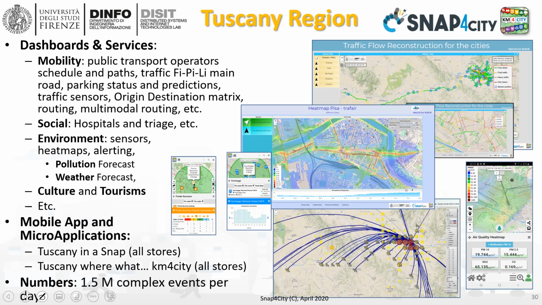And we have a couple of apps that provide this service to the citizen, and the dashboard for the operators. On the basis of the data of the apps, we compute these maps for origin-destination flows to understand how the people move in the Tuscany area, and where the people go when they leave Tuscany and go to all the other parts of the world.